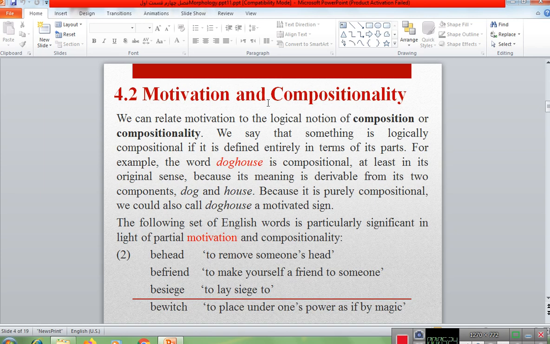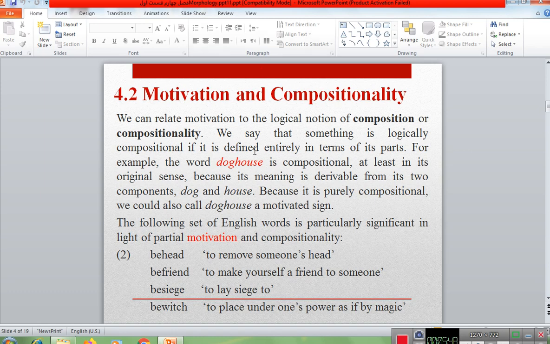What is the relationship between motivation and compositionality? We can relate motivation to the logical notion of compositionality. We say that something is logically compositional if it is defined entirely in terms of its parts. For example, the word doghouse is compositional.